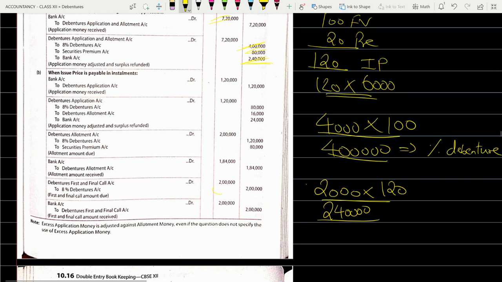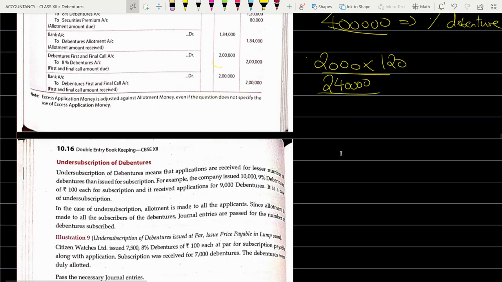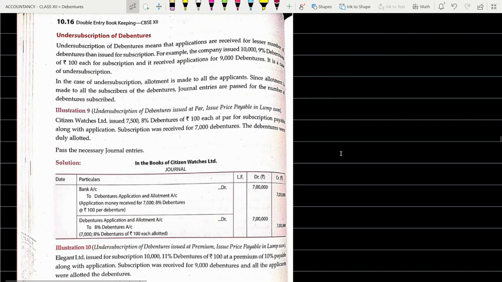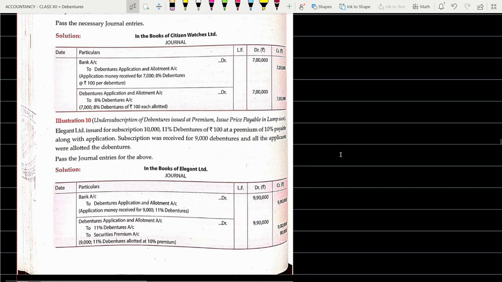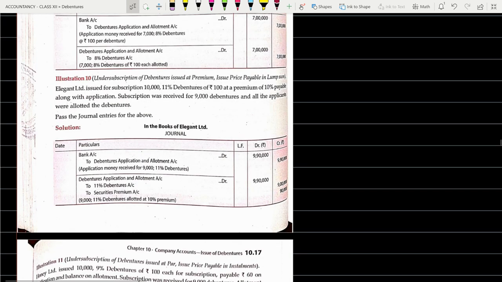So with this, I'm stopping it, and I want you to take this as homework for the day. Just complete the installment method on this particular problem, and then complete your under subscription case on debentures, where you hardly have 2 to 3 problems, and whatever doubts you have, we'll discuss in tomorrow's session, and make sure that tomorrow we put an end to this topic.